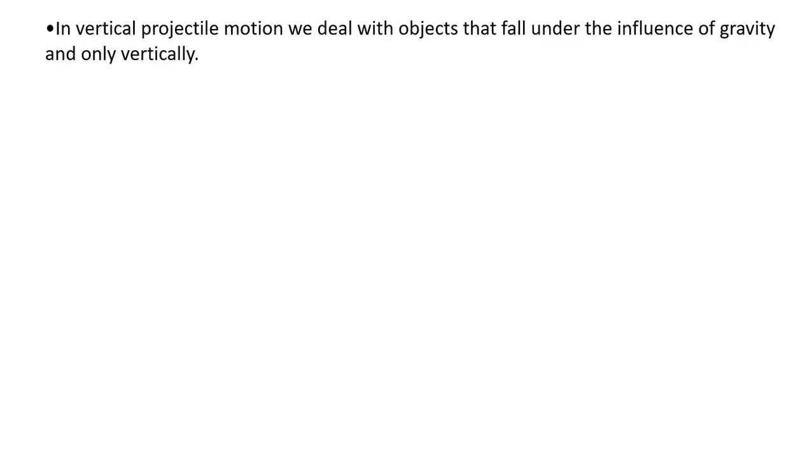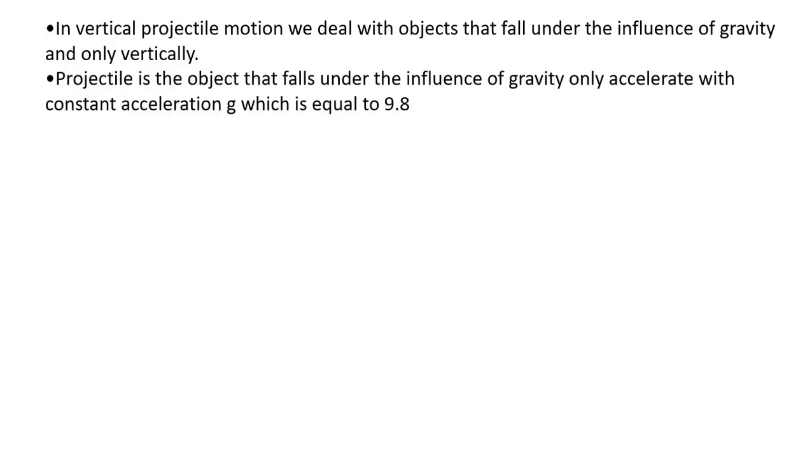So today we're going to be discussing vertical projectile motion. In vertical projectile motion, we deal with objects that fall under the influence of gravity and only vertically. A projectile is an object that falls under the influence of gravity, only accelerating with constant acceleration, which is g, equal to 9.8.